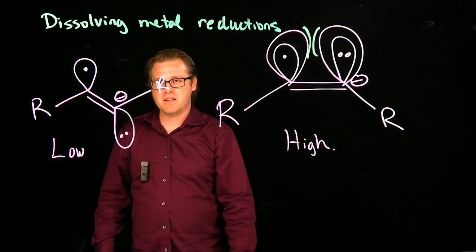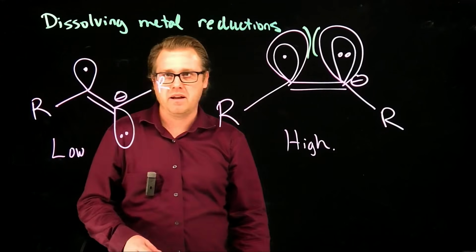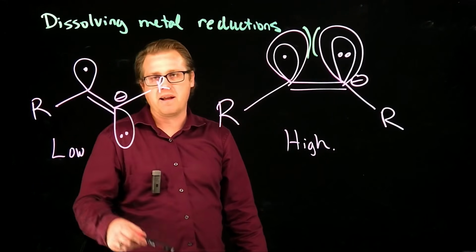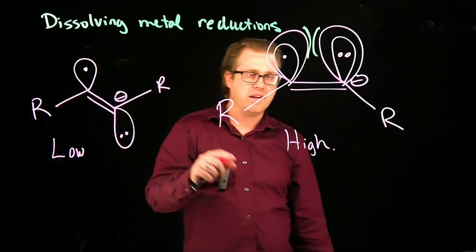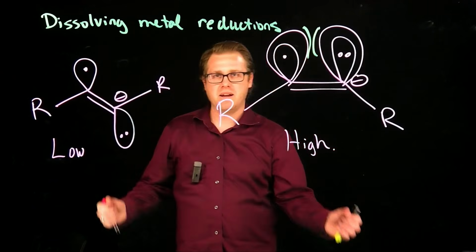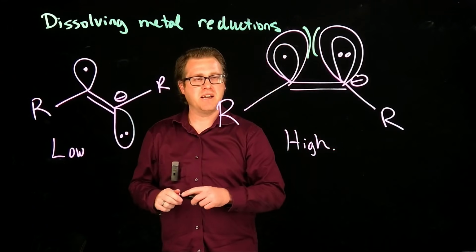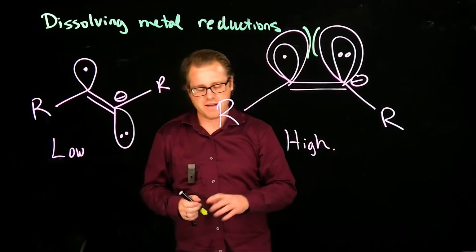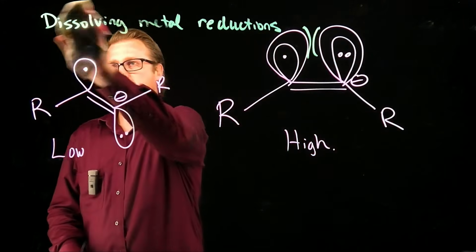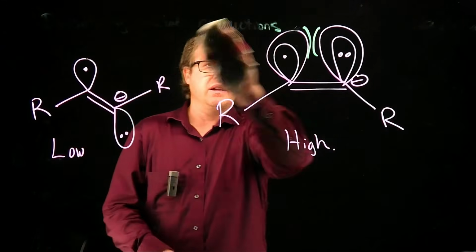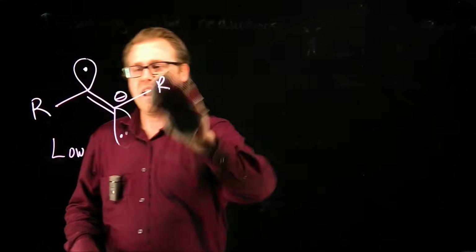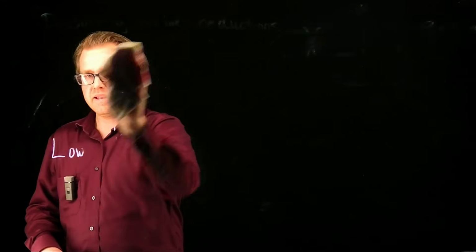And so that explains why when you are using sodium metal in liquid ammonia, you are going to get a trans alkene, because it proceeds via a radical mechanism, and the electronic clashing here explains why it's going to be trans. But when you compare this to using Lindlar's catalyst on the same alkyne, you're going to get the cis.